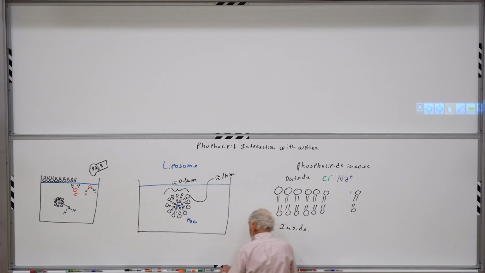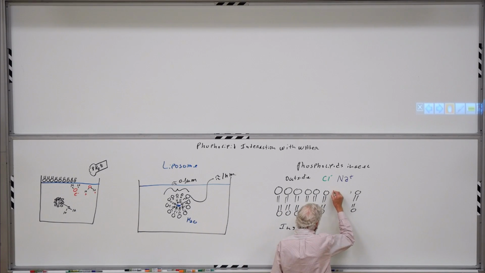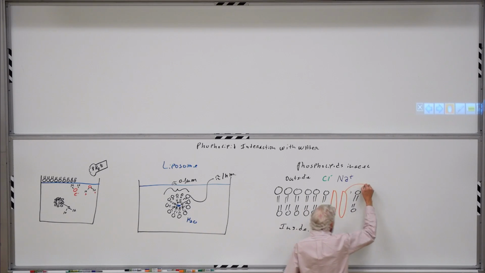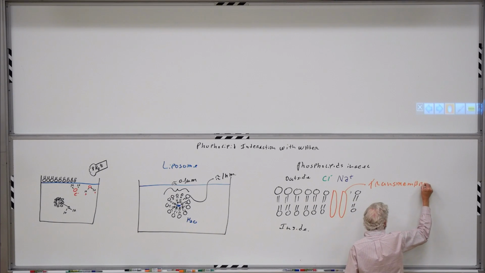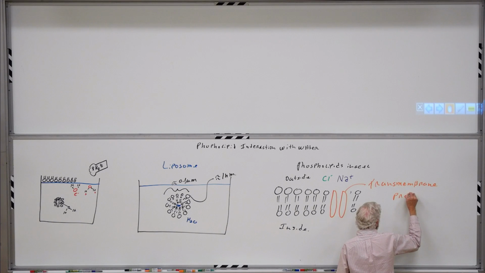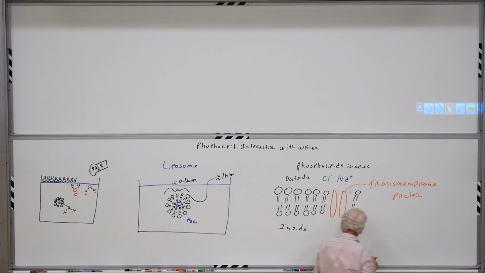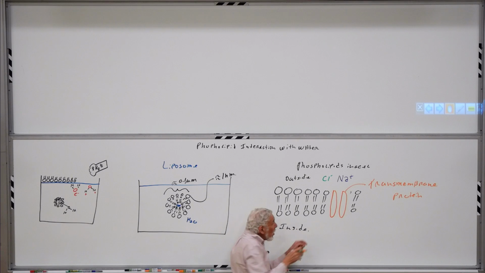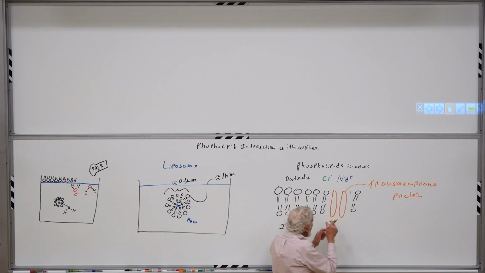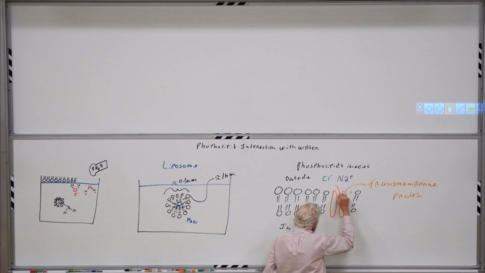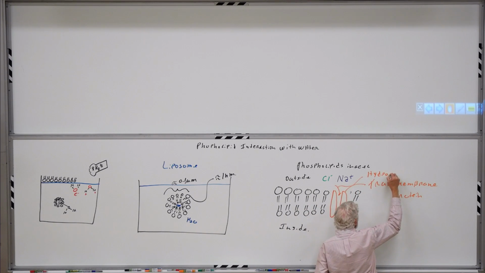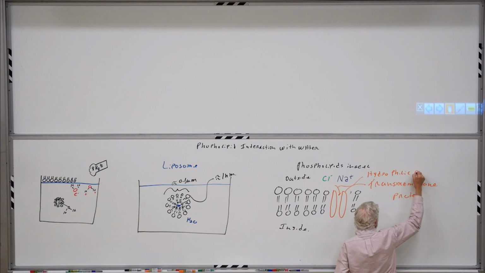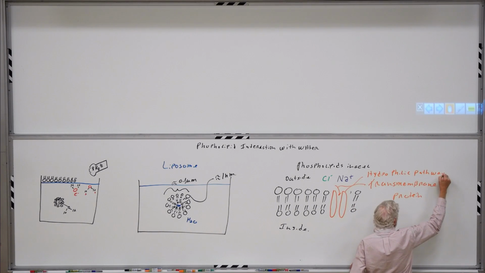And the orange hot dog bun here is meant to be a transmembrane protein. But the transmembrane protein is folded now in such a way that it provides a kind of hydrophilic pathway for ions.